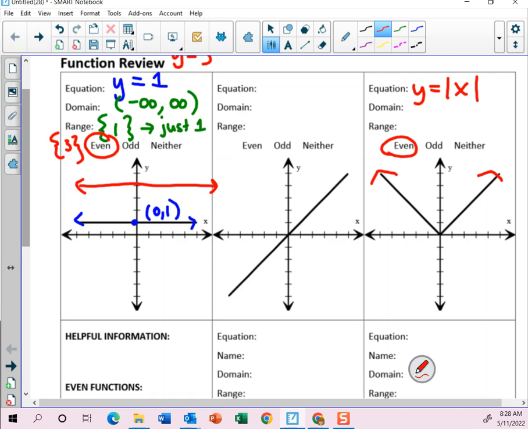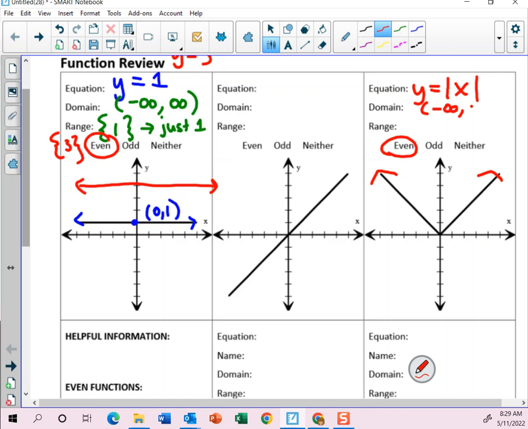Absolute values, in their basic form, are even functions. Now, any function, we can do a transformation on it, and it might then no longer be even or odd. If we move an even function over to the left or to the right, it's not even anymore. But an absolute value in its natural form is even.